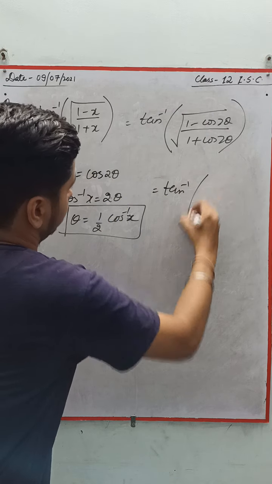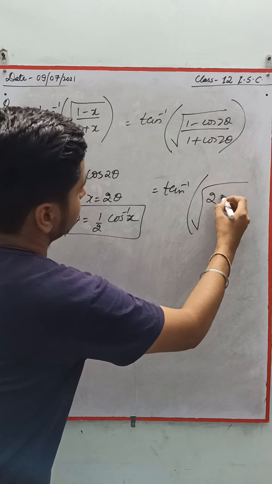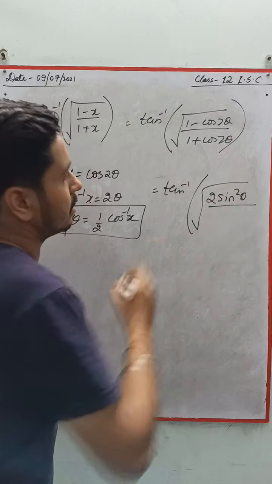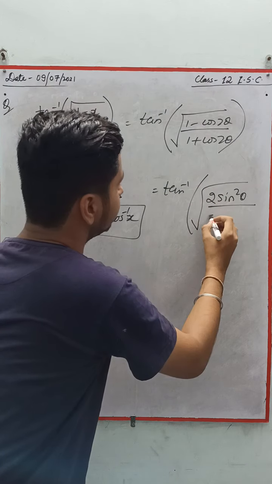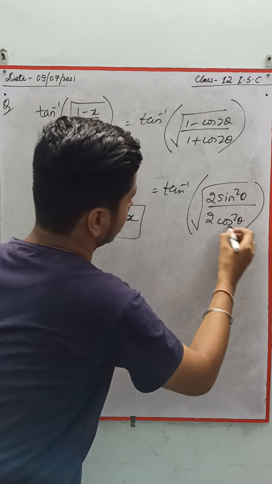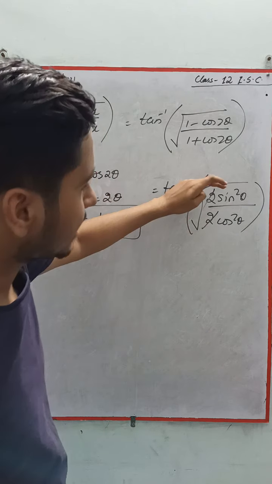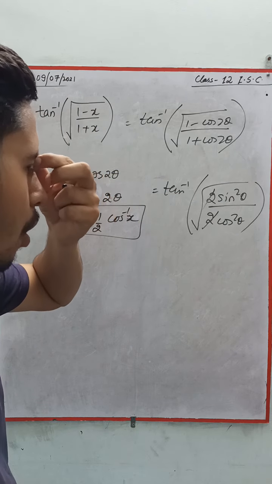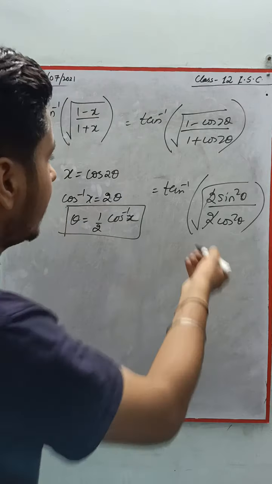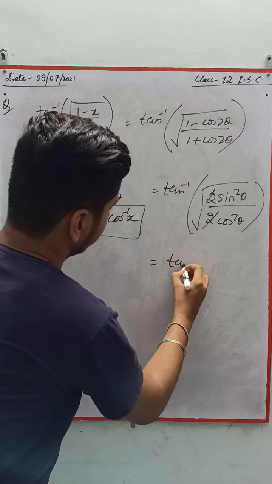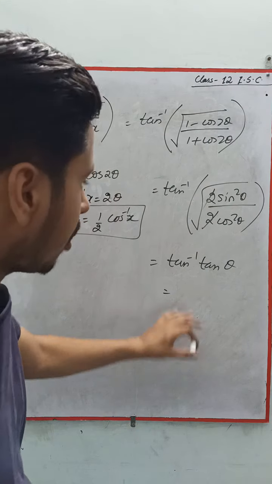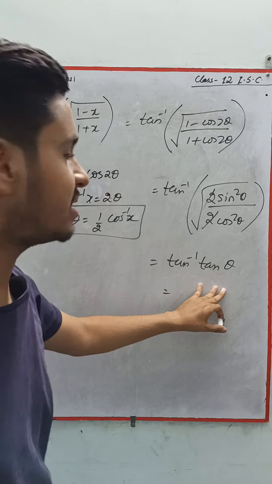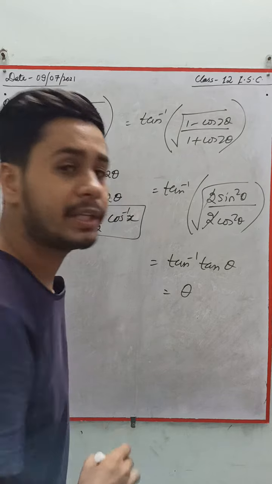By the identity I can write it as 2 sine square theta, and the denominator will give you 2 cos square theta. 2 and 2 cancel, sine square theta upon cos square theta, or it will be tan square theta, and when it comes out of the root it will give you tan theta. And by the self-adjusting property, tan inverse will cancel with this tan to give the answer theta.